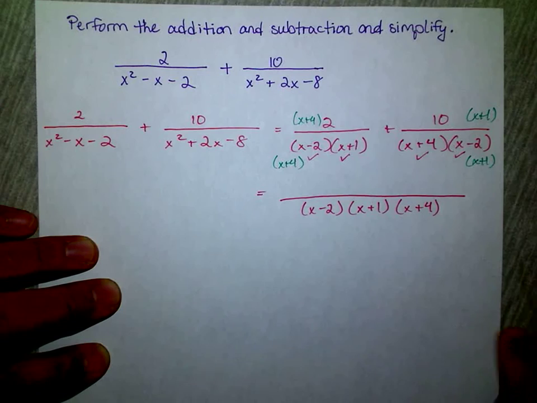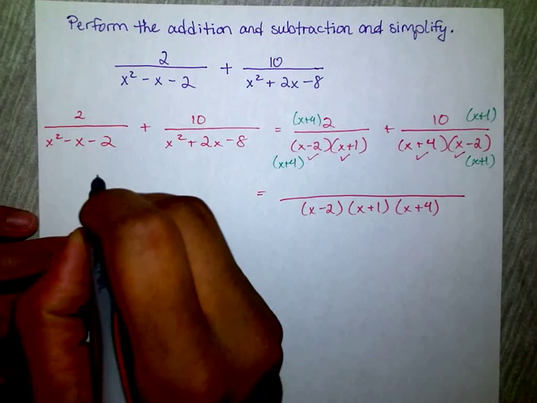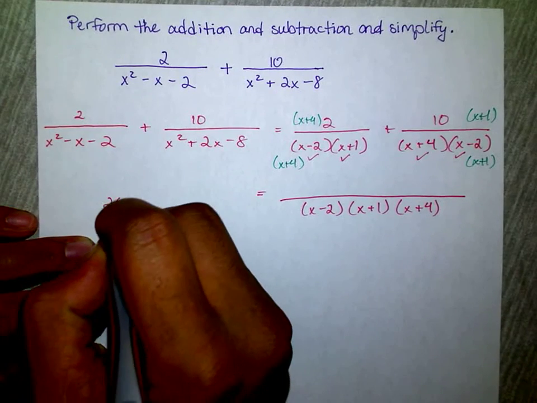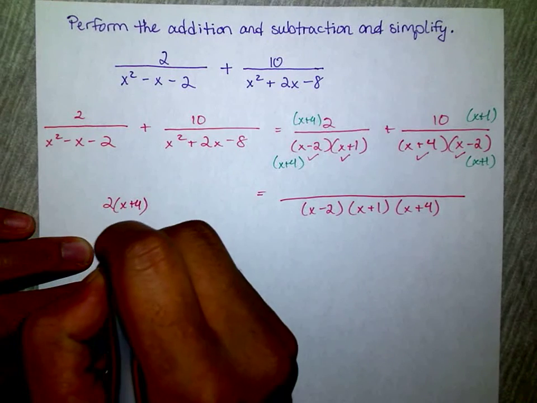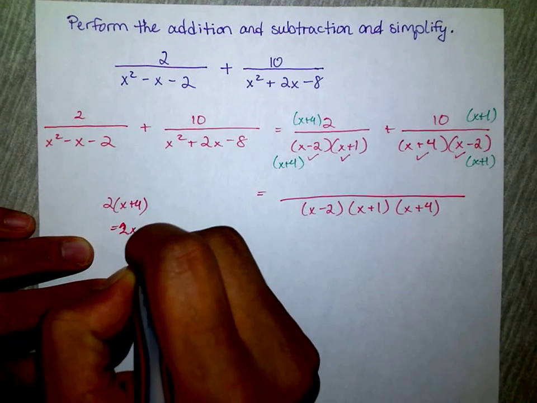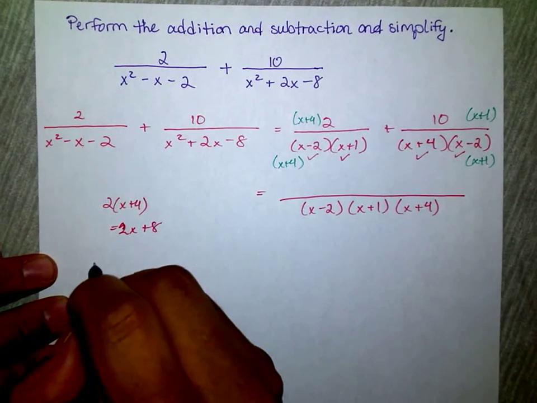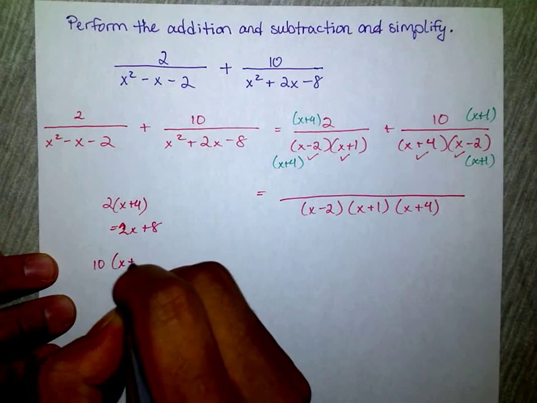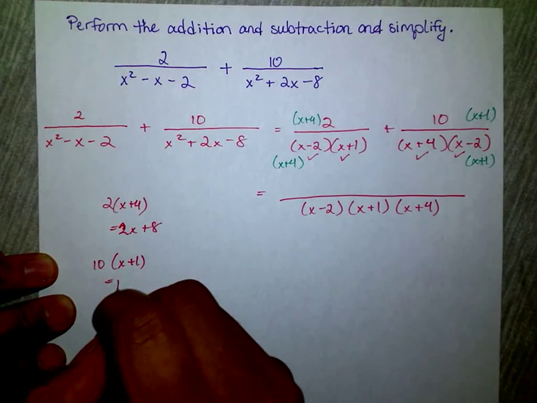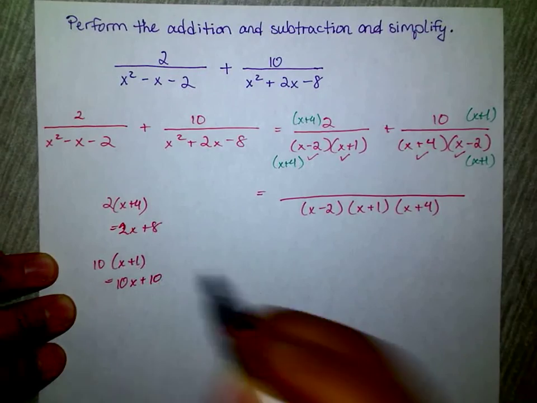Alright, so off to the side, 2 times x plus 4 is going to give me 2x plus 8, and 10 times x plus 1 is going to give me 10x plus 10.